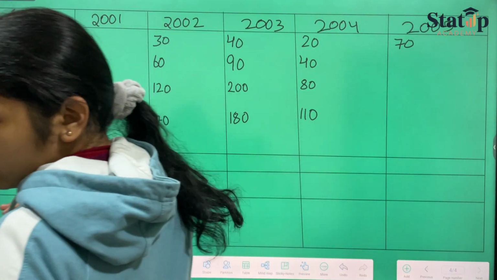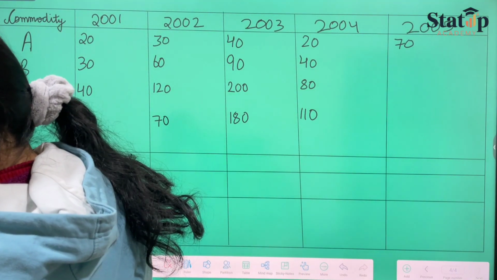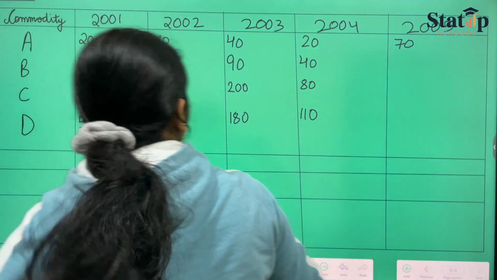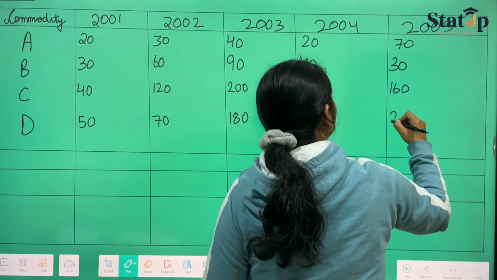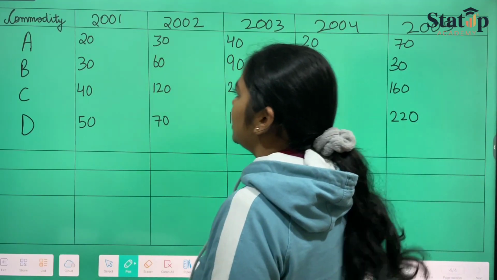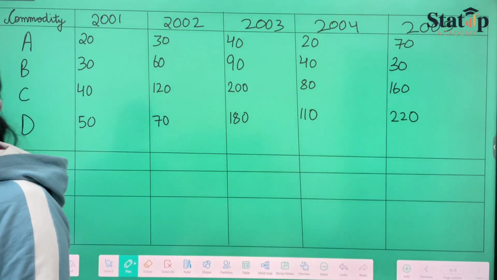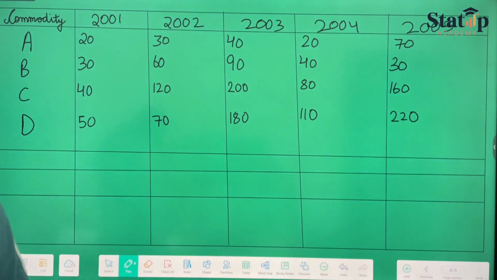I'm leaving space just because we are about to find the answer here only. 30, 160 and 220. So this is the data that has been given to us, and they have told us to compute the chain base index number.